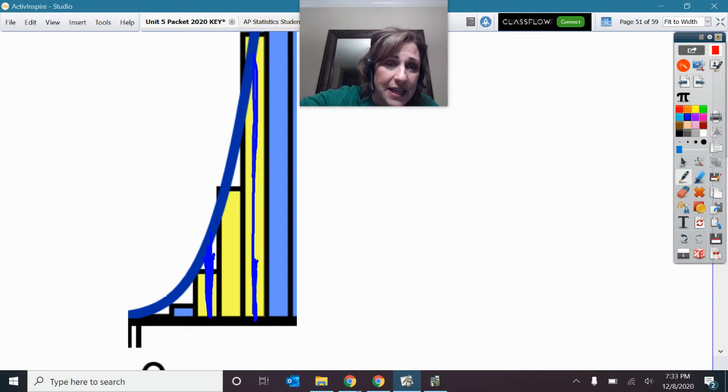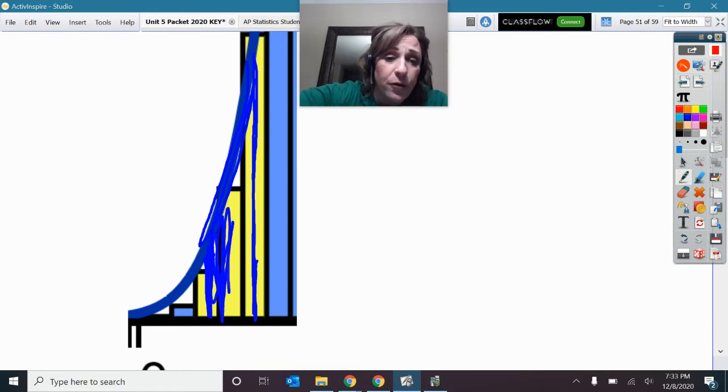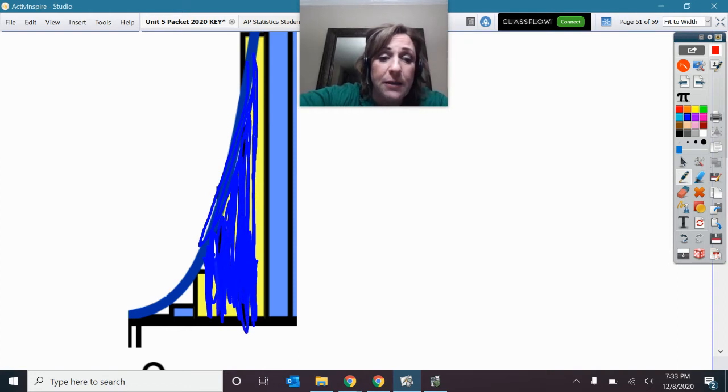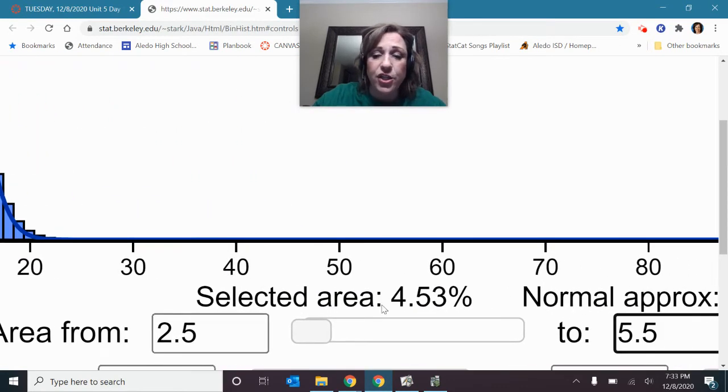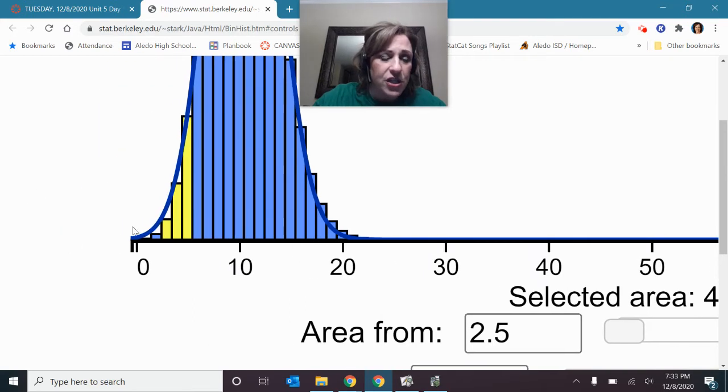That's what's happening and why we get a little discrepancy, because in order to have those 3 bars show up for 3, 4, and 5 on the computer, I actually had to go from 2.5 to 5.5 to get those bars to show up.